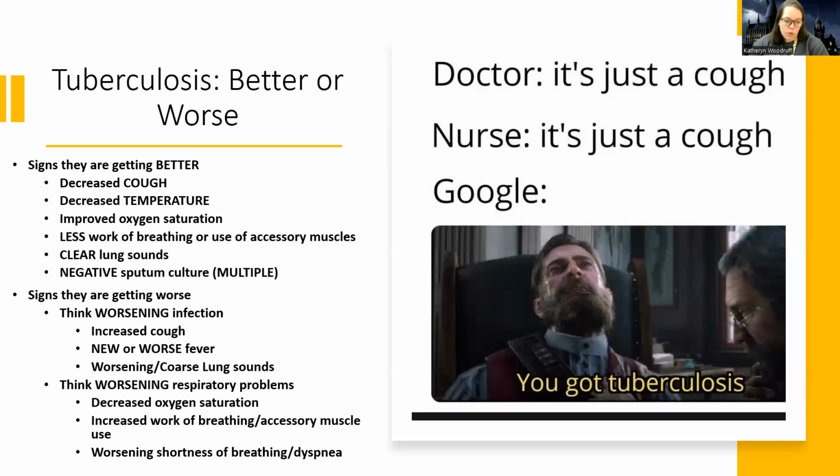The signs that they're getting worse would be signs that the infection's getting worse: if their symptoms are worsening, a new or worse fever, lung sounds starting to get involved, or starting to have dyspnea, because it's either worse infection or worse respiratory problems. That's effectively what lung infections are: an infection issue that can cause a breathing issue.